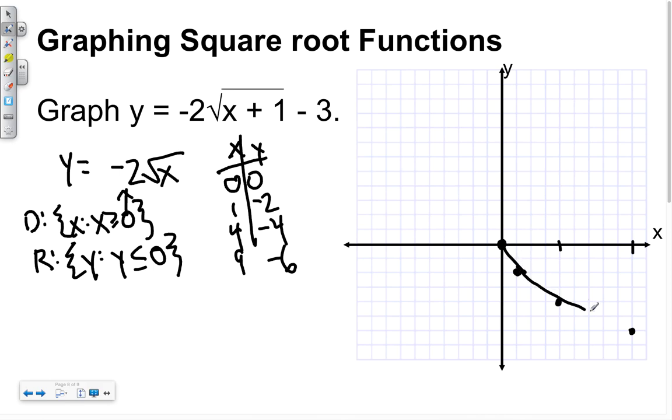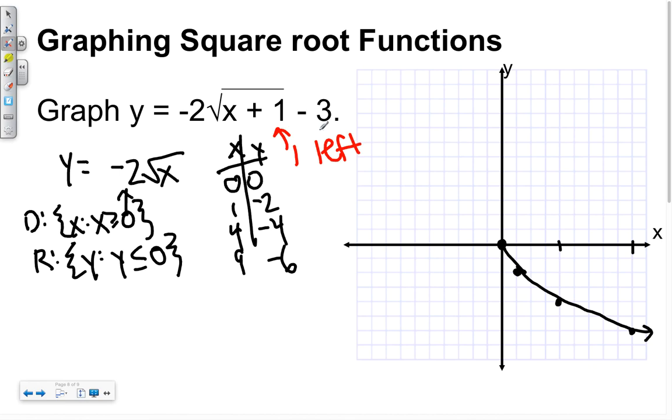And then we're going to put our translations together. Look at that. That's looking pretty good. And we can verify our domain and our range here. Your domain, x is greater than or equal to 0. And your range is y is less than or equal to 0. It's below your x-axis. So now let's look at our translations here. If it's x plus 1 underneath the radical, then this is going to say we're going to go 1 unit left.